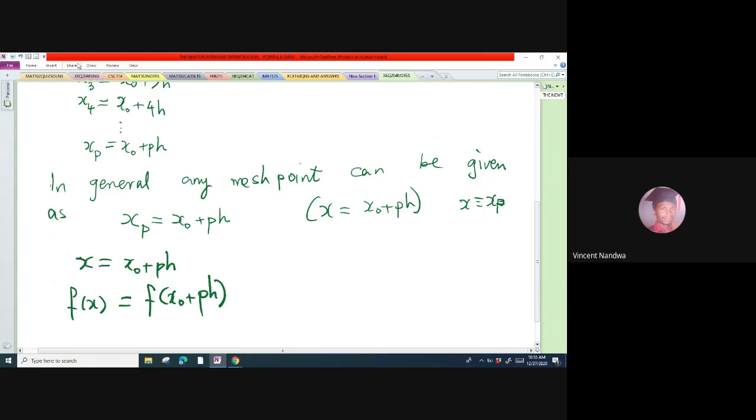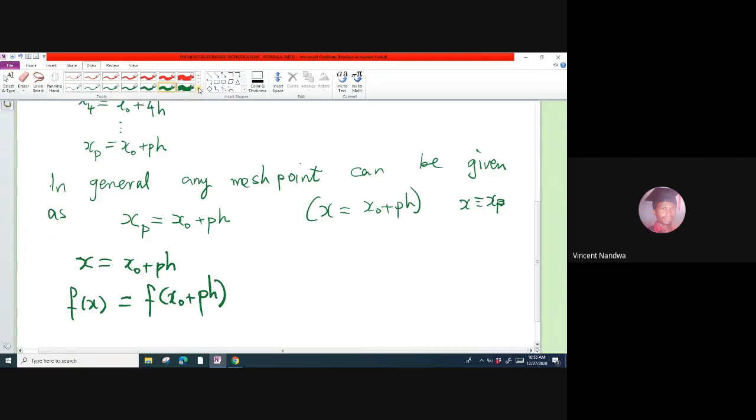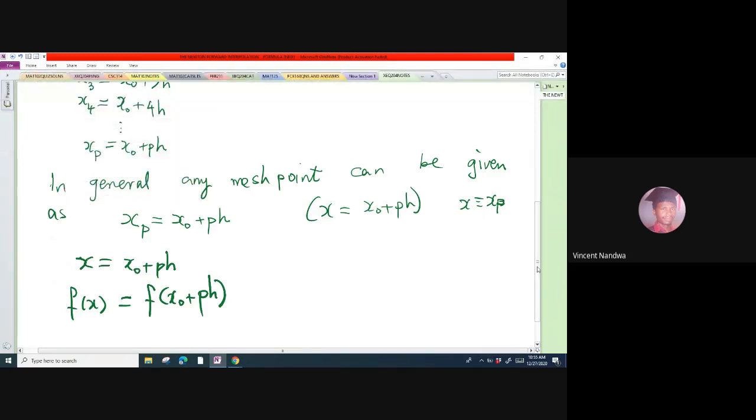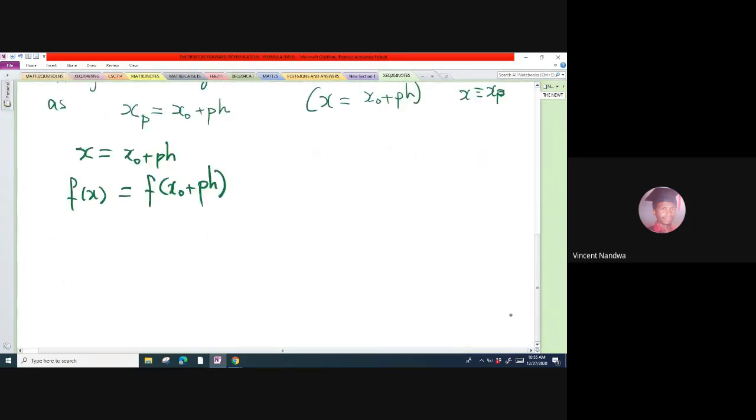And then remember, from what you have done before on the operators, recall that the shift of f of x is given by f of x plus h. The second shift of f of x is given by f of x plus 2h.